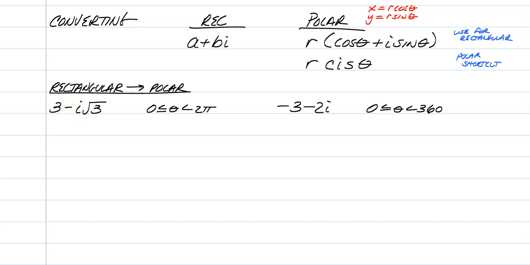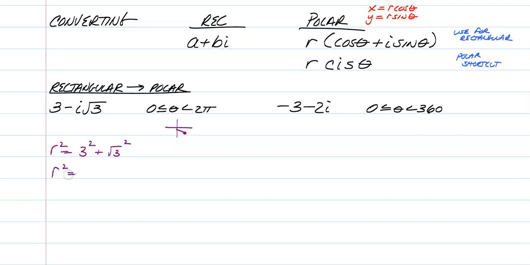So before we do anything with that, you want to think about which quadrant you're in. So this is going to be positive x and negative y, so we're going to be down here. Okay, so first thing we need to do is find our radius. So that would be r squared is equal to 3 squared plus the square root of 3 squared.